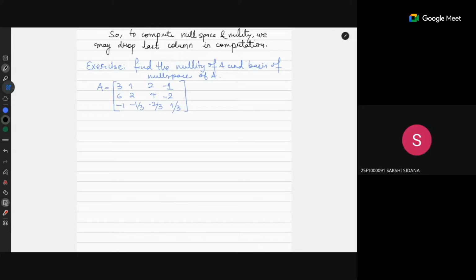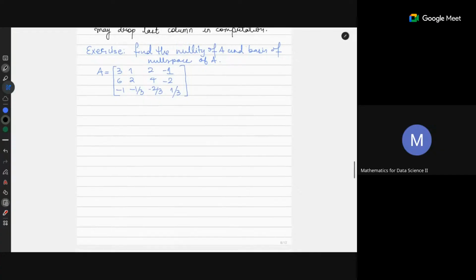Basically I need to perform Gaussian elimination or row reduction. R2 minus 2 R1. This gives me 3, 1, 2, minus 1, 0, 0, 0, 0.